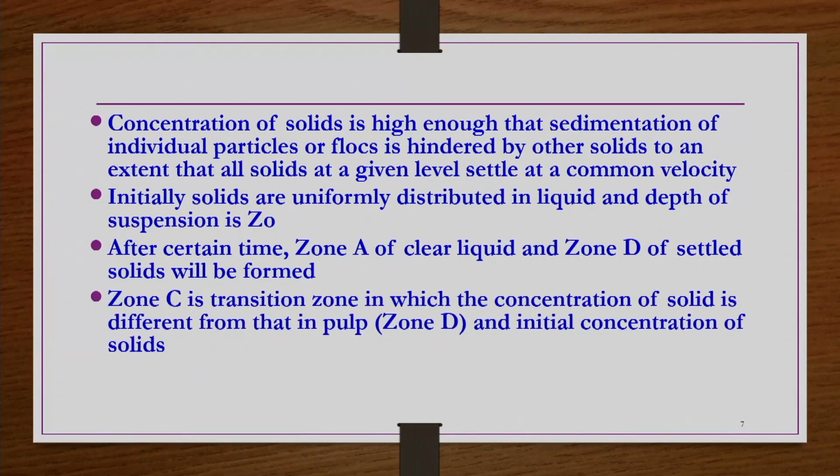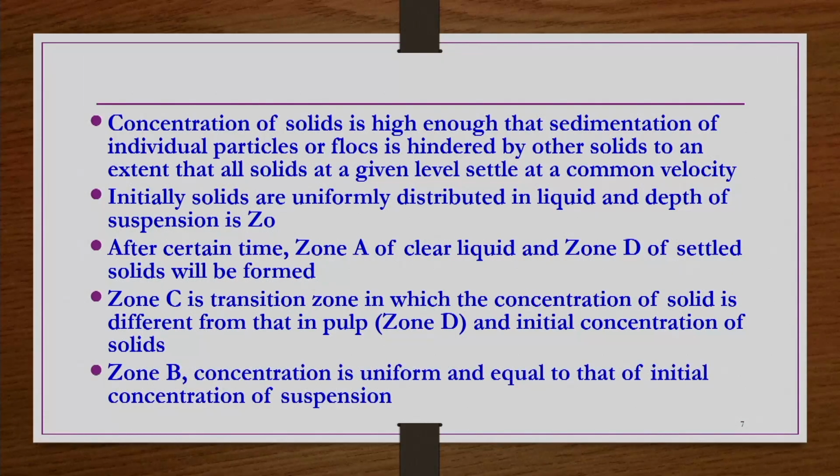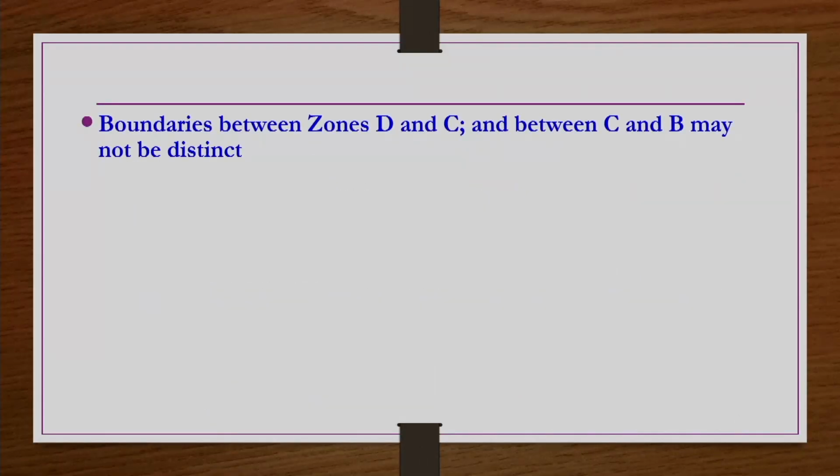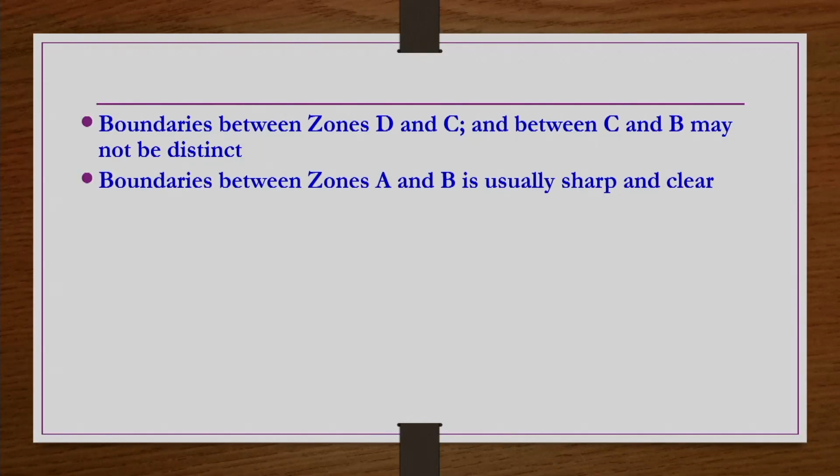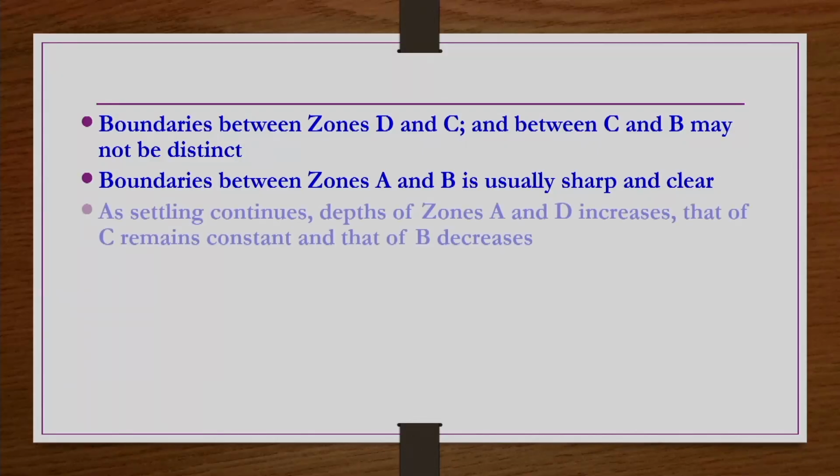Zone C is a transition zone in which the concentration of solid is different from that in pulp zone D, and then the initial concentration of solids, that is zone B. Zone B concentration is uniform and equal to that of the initial concentration of the suspension. Boundaries between zones D and C and B may not be easily distinguishable in general. However, the boundary between zones A and B is usually sharp and clear.